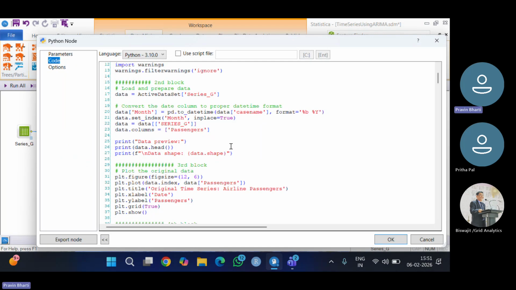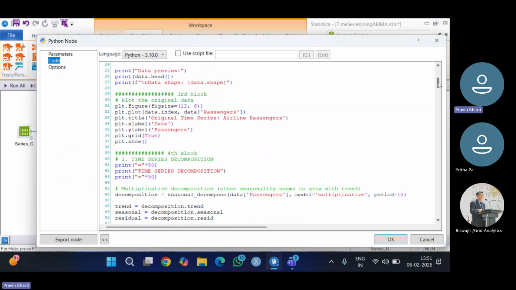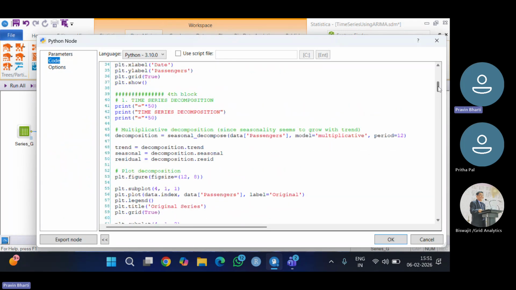So these are renaming the column passengers. After this, I go to the third block. The third block will plot the original time series data. And then the fourth block is for the time series decomposition.